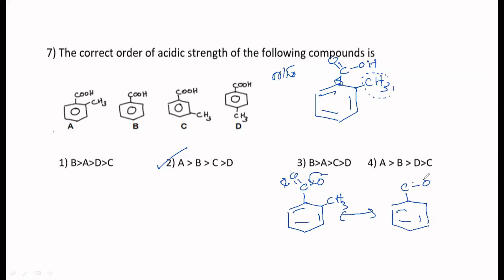Whenever you have equivalent structures, they contribute more to the resonance hybrid, and therefore it will be more stable. This carboxylate ion is more stable because of the ortho effect. Because there is no resonance here, it finds its own way of doing that. The COOH group is out of plane now.